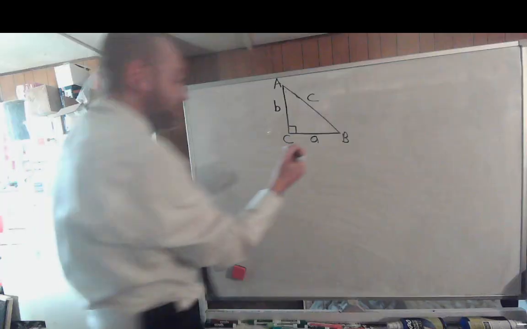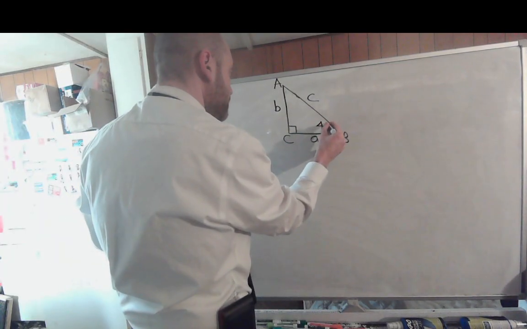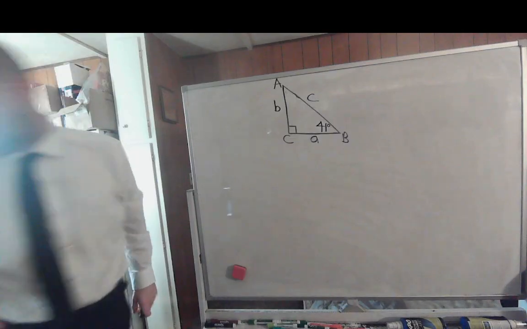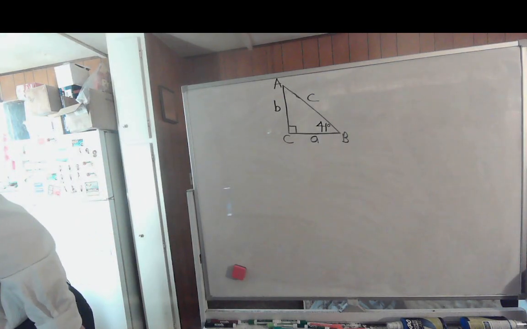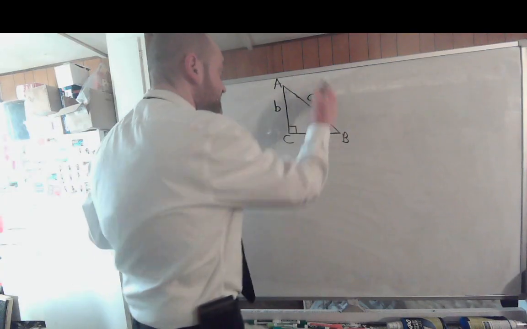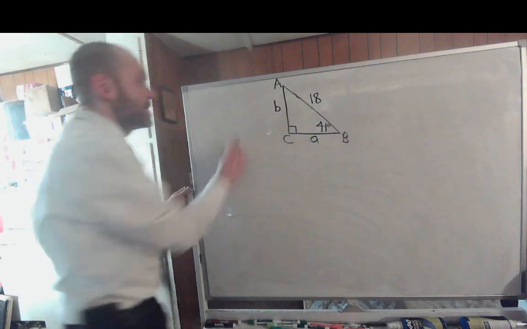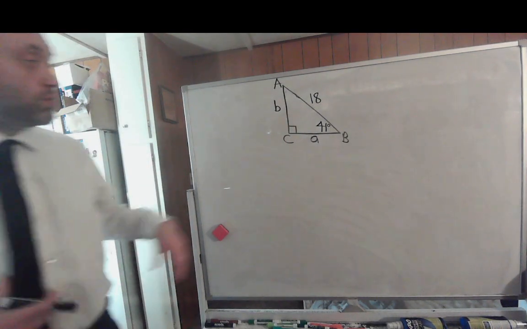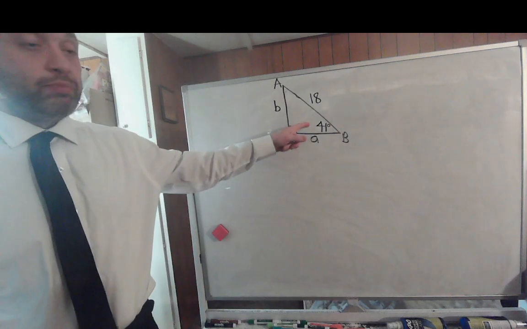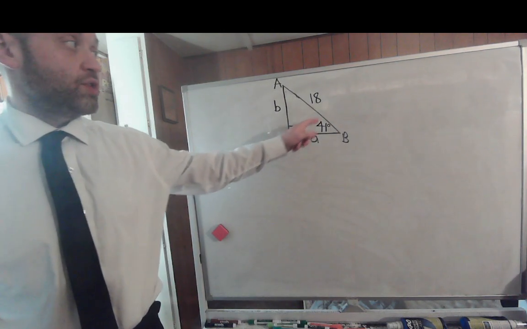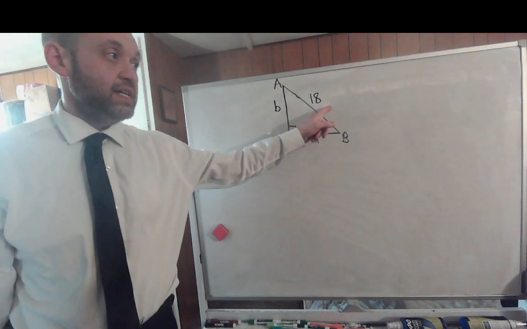So angle B has a measure of 41 degrees. Side C, or hypotenuse, has a length of 18. All right. So we got this right triangle where angle B has a measure of 41 degrees. Your hypotenuse has a length of 18.